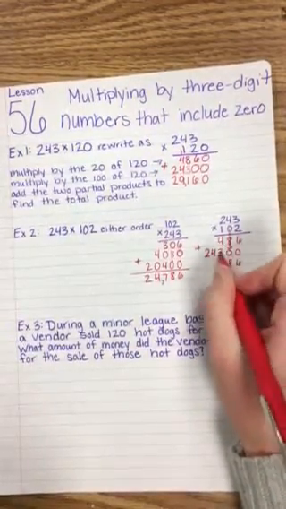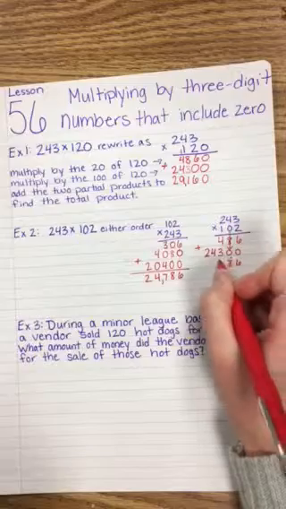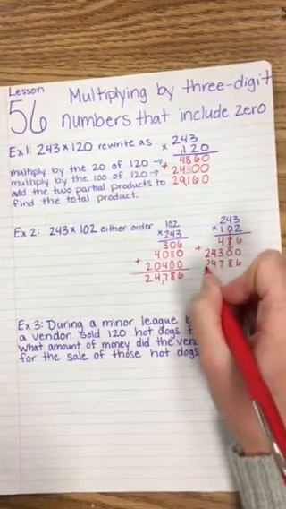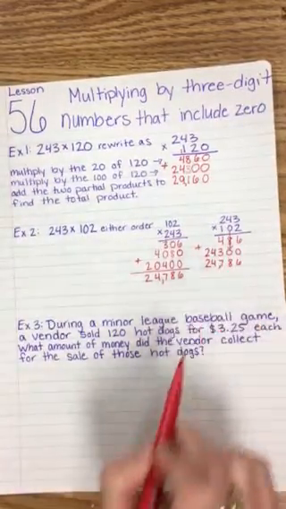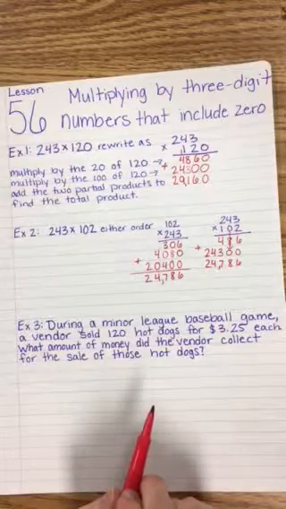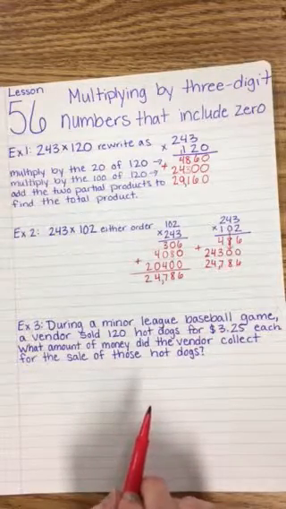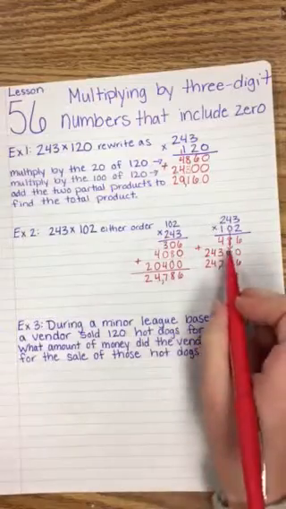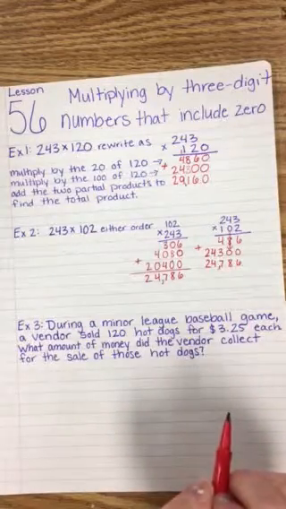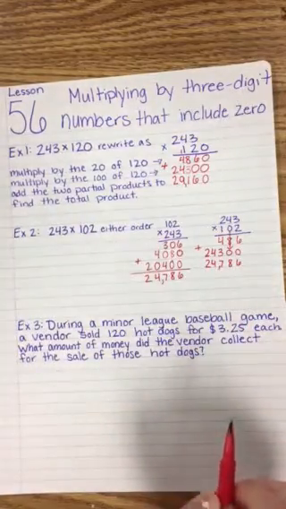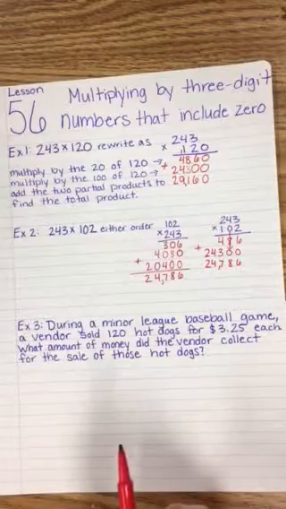So this is kind of a shortcut method to bring down that 0. Instead of writing a whole row of zeros, you're just going to bring down that 0 into that spot.